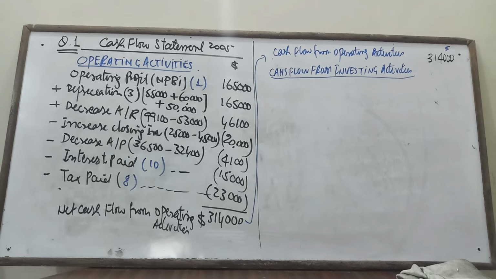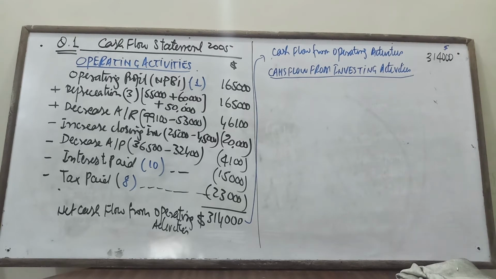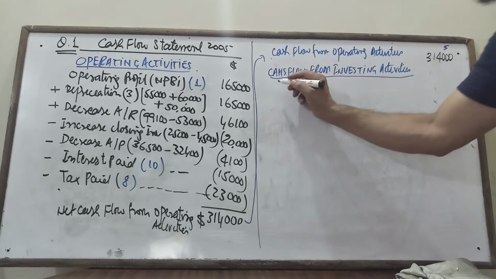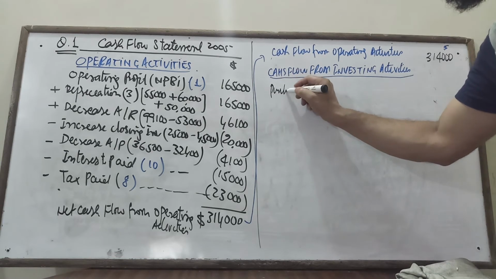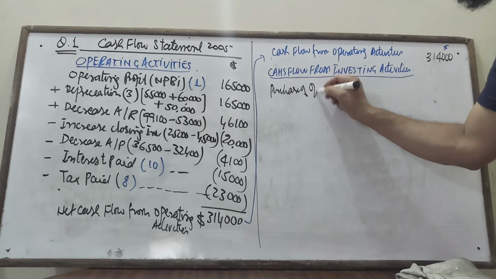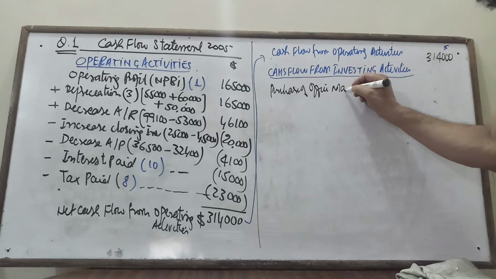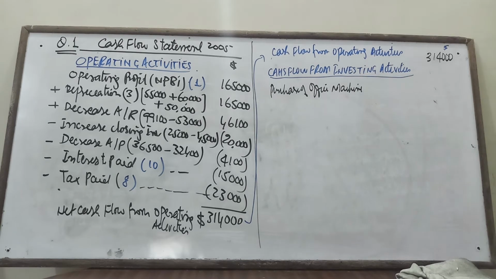Office machine was bought by check, $552,000. When we buy an office machine, there will always be a cash outflow. We can write purchase of office machine, and for your hint, this is coming from point number 4. When you buy any non-current asset by check, that must be equal to cash outflow.